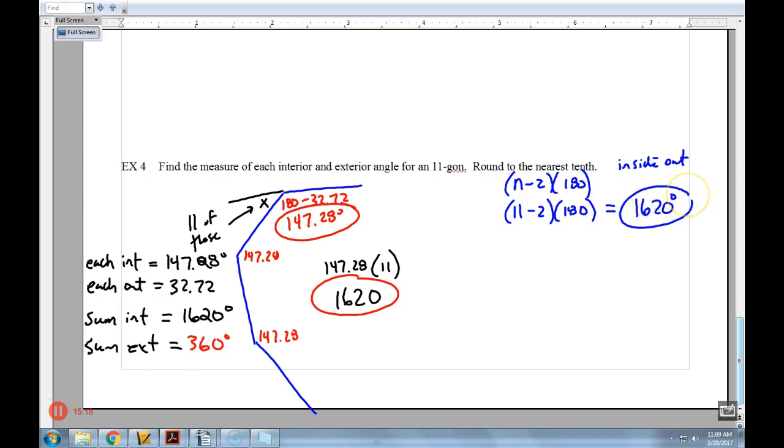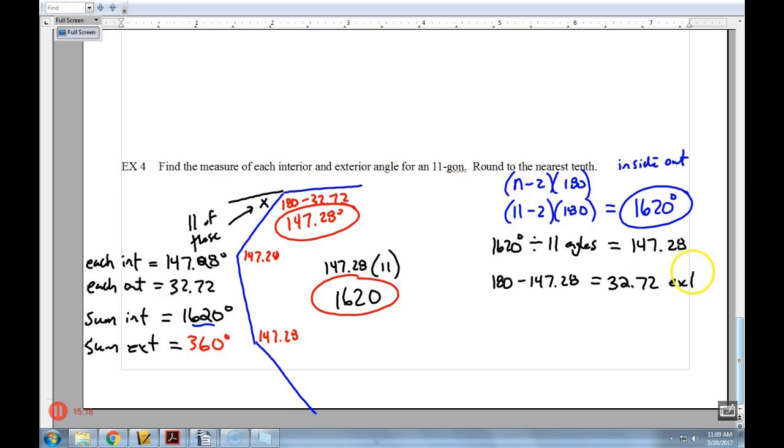So for this one, you start with the sum of the inside from that formula, and then work your way outside. So 1620 divided by 11 angles, and that's where you'll find out each one is 147.28. Then you do 180 minus 147.28, and that will give you the outside angle, the exterior, and then the sum of the exterior is always 360. You don't even have to calculate that.